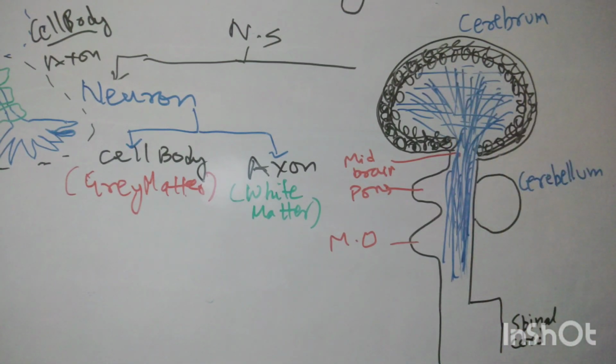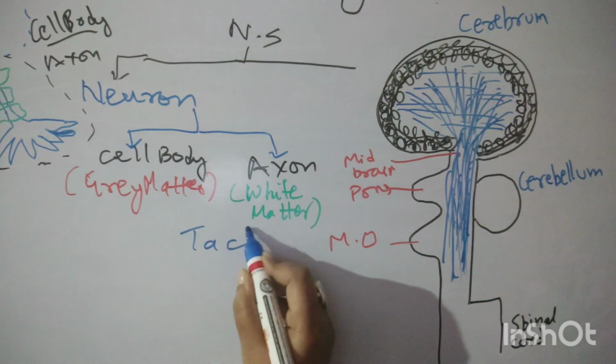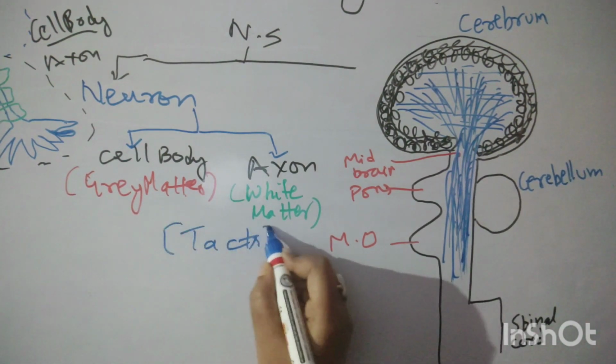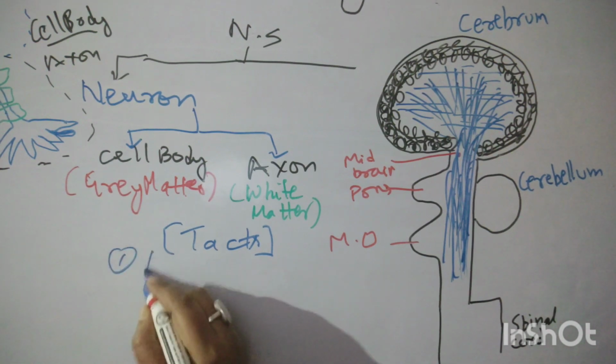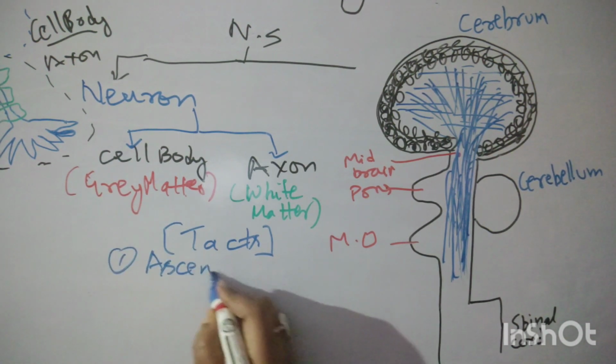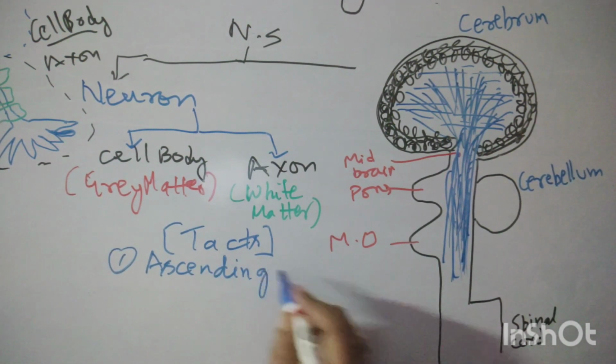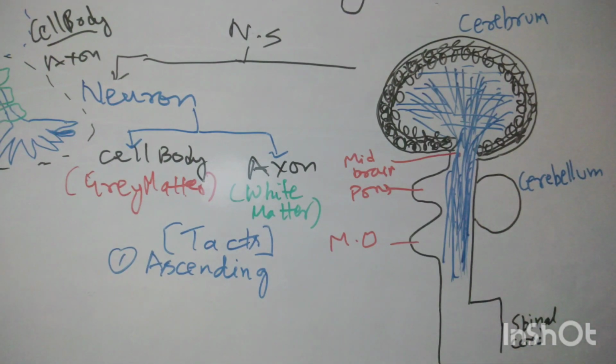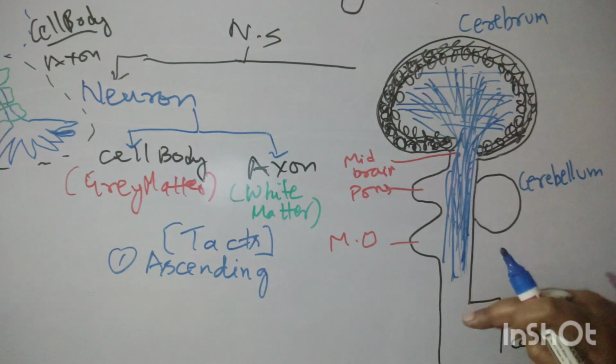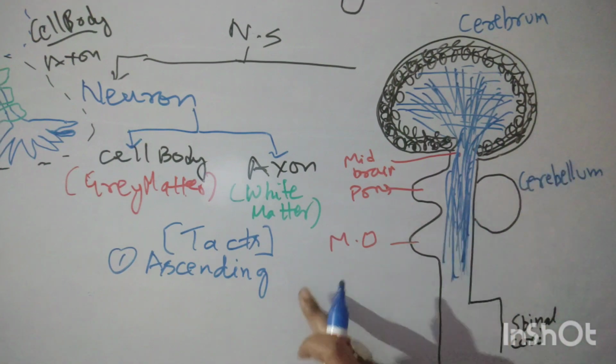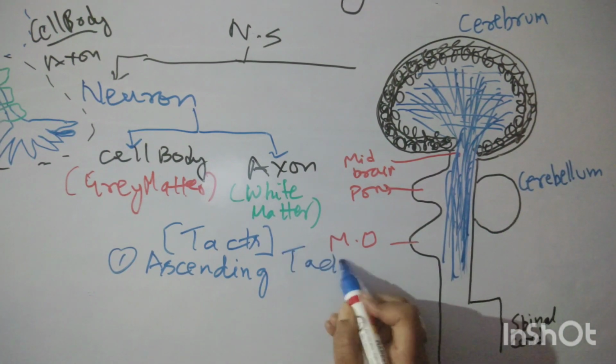So these fibers are called tracts of fibers. So we can see ascending tracts, which are going up from the lower part. These are fibers coming from down to the brain, and we will call them ascending tracts.